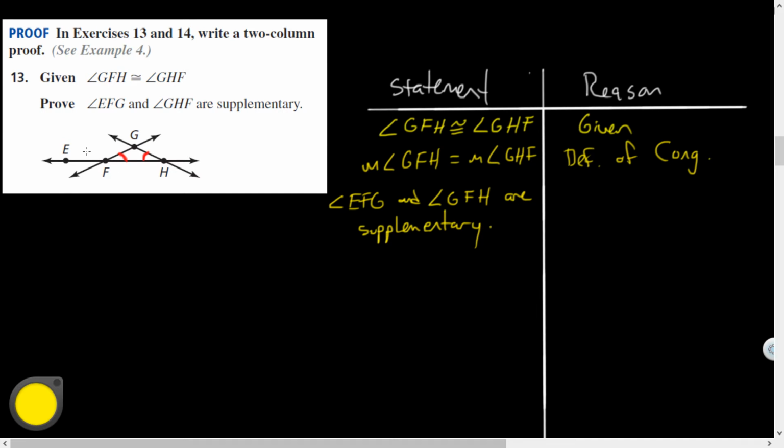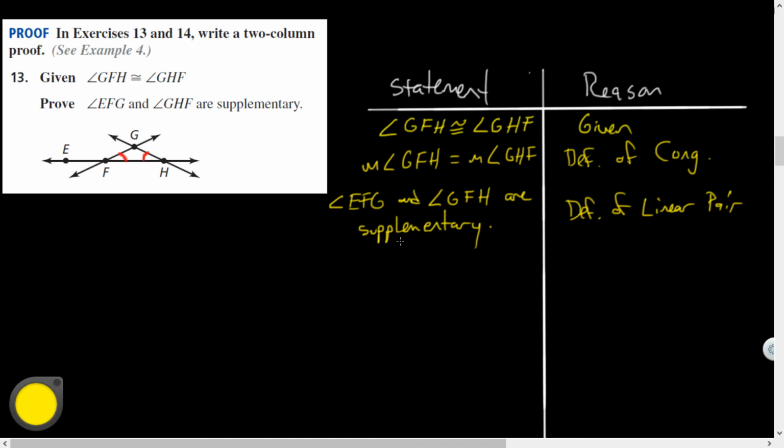The reason that's true is, according to this diagram, you guys got to be familiar with now how you can use some of these things. Definition of linear pair. I think today's lesson will get you a shortcut to this one here.